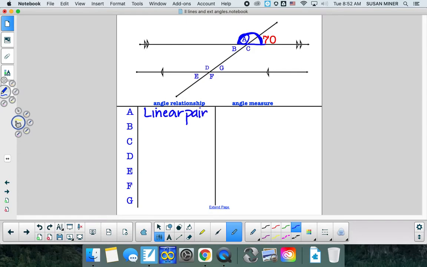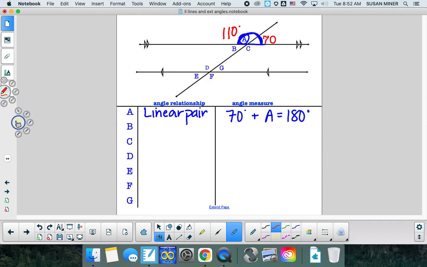I know that linear pairs are supplementary. They add up to 180 degrees. So 70 plus angle A has to equal 180 degrees. If I want to know how many degrees angle A is, I subtract 70 from 180 and figure out angle A is 110 degrees.